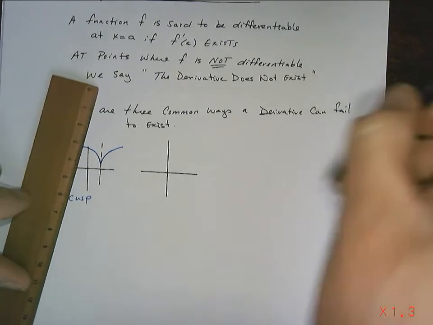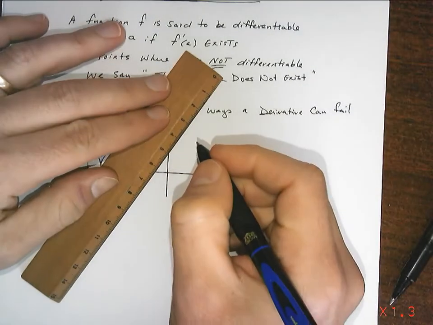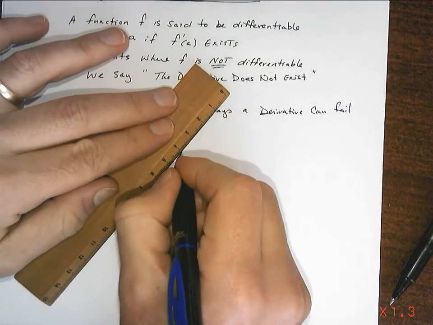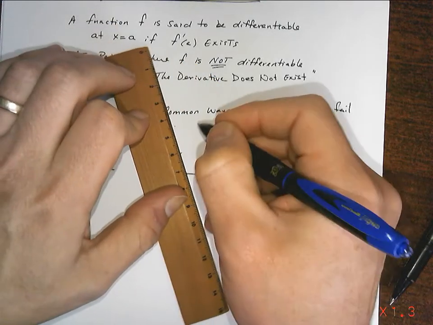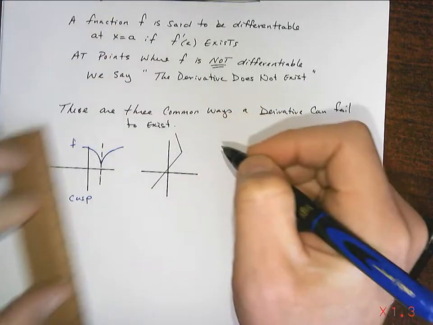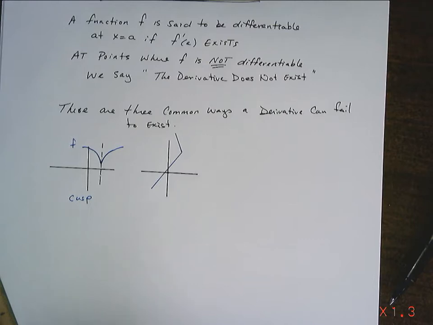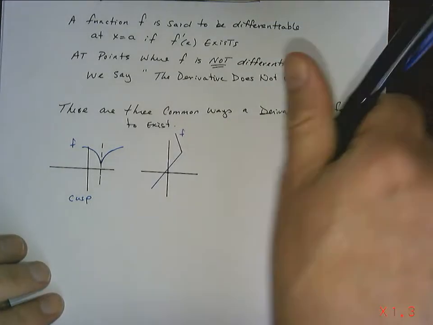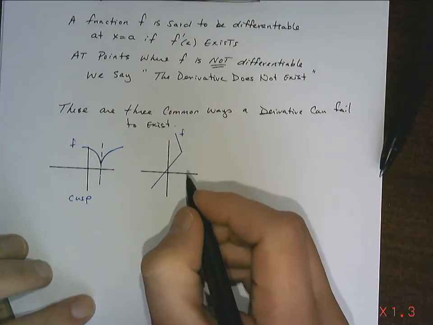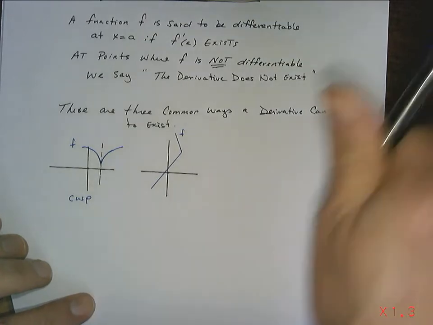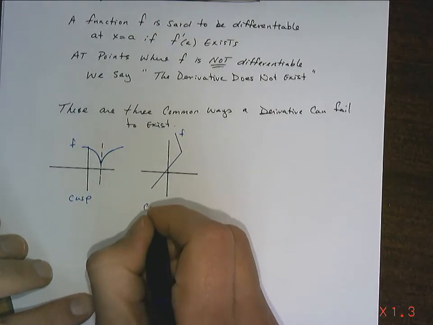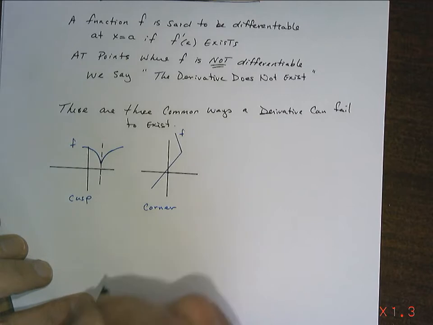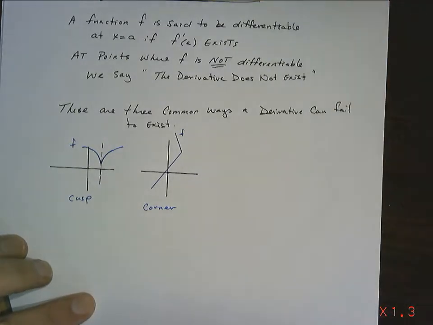And this would be, for example, maybe we have a function f that comes like that, and then it goes like this. So it's piecewise linear. But it's creating what we call a corner or a kink.